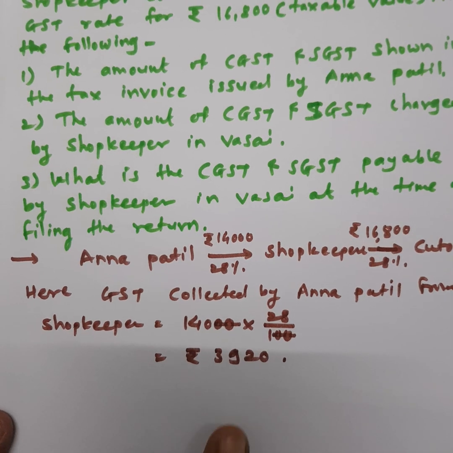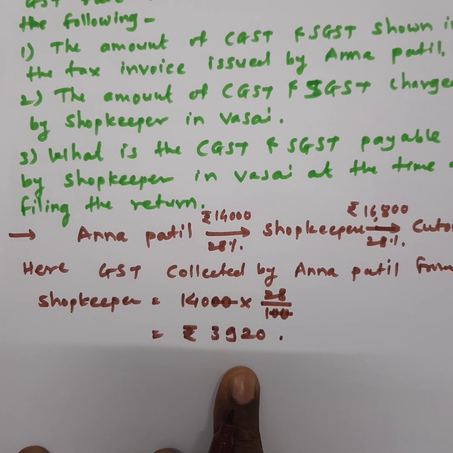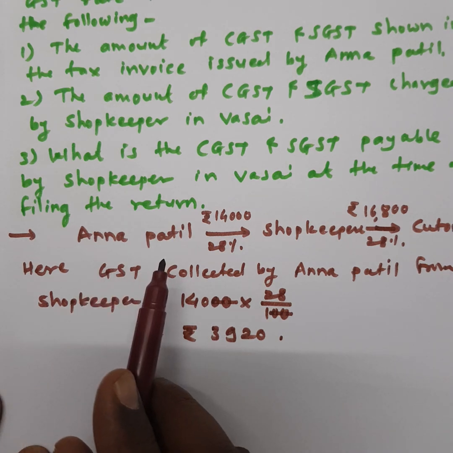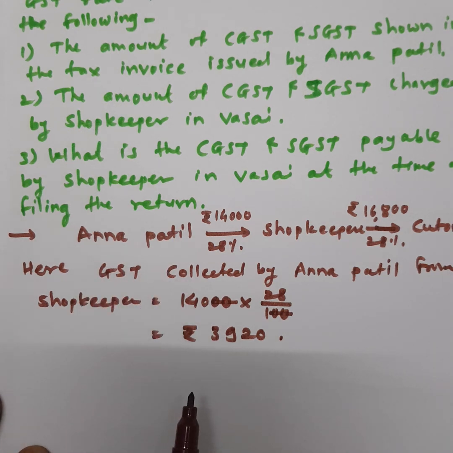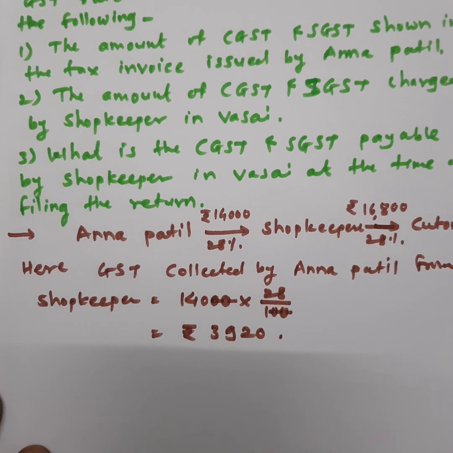3,920. This GST is output tax for Anna Patil and input tax for the shopkeeper, because the shopkeeper paid it at the time of purchase.